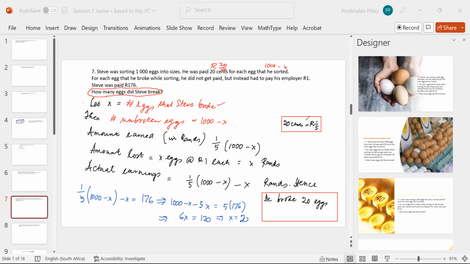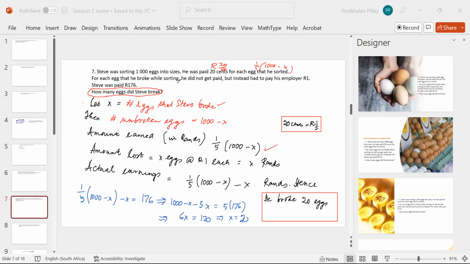So for each egg that he sorted, he got 1/5 of a rand. He sorted 1,000 minus X, so he would have got the number of eggs he sorted times the number of rands he made per egg. And that is the amount that he earned.